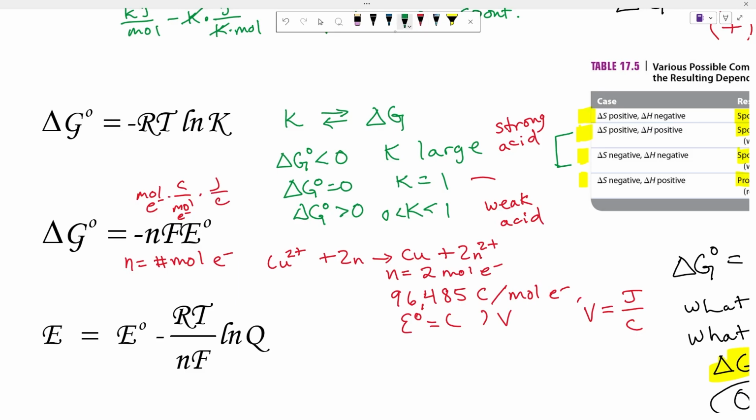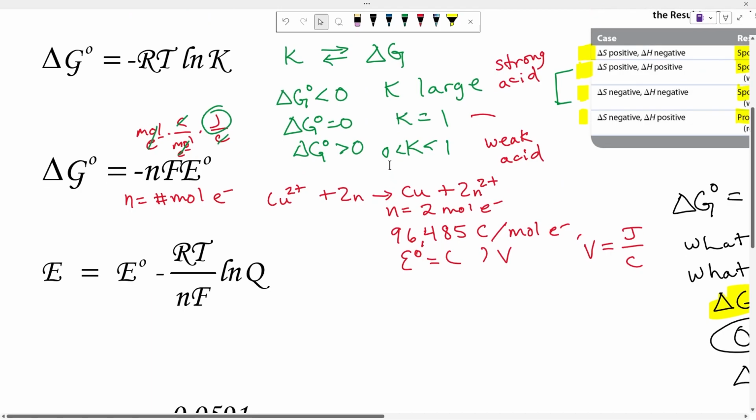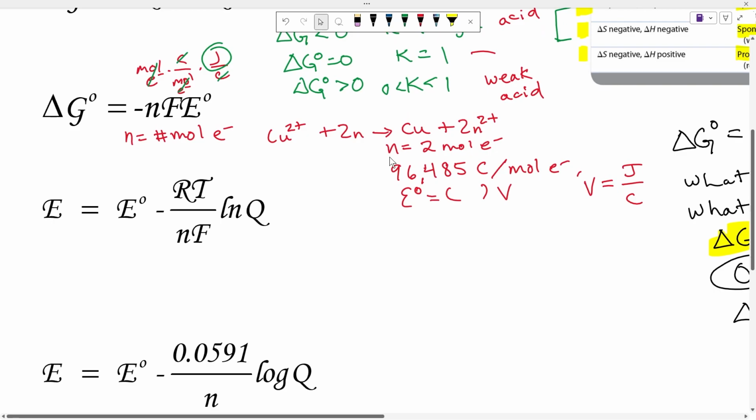We can see that the coulombs cancel, the moles of electrons cancel, and we end up with joules, which would make sense for delta G. So again, if you have the standard cell potential, you can get the standard free energy difference. If you have the free energy, you can get the cell potential. That can even be used in other ways, even if it isn't a redox, though it technically doesn't have a standard potential.